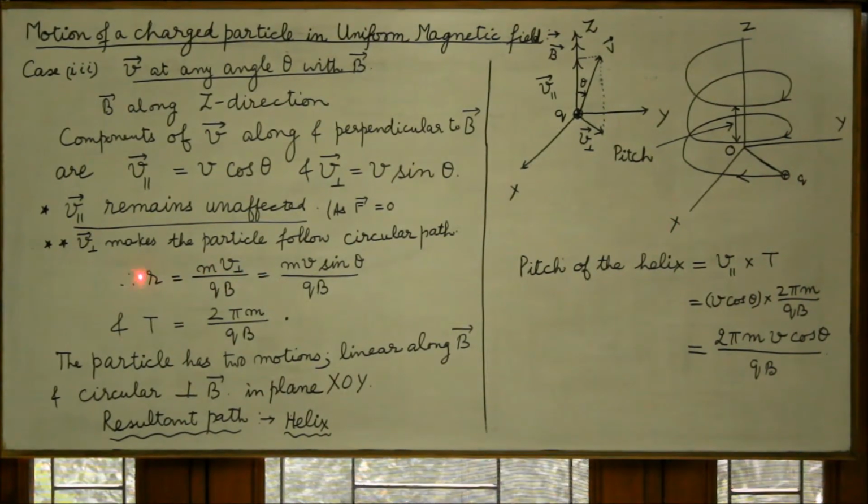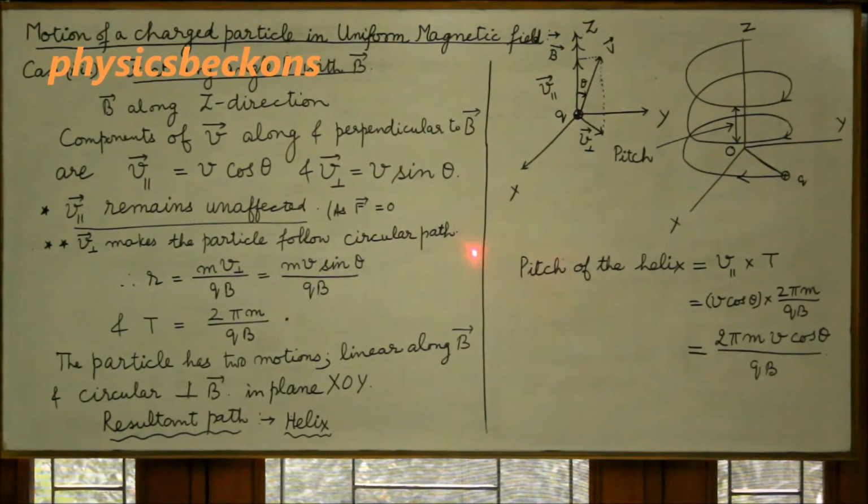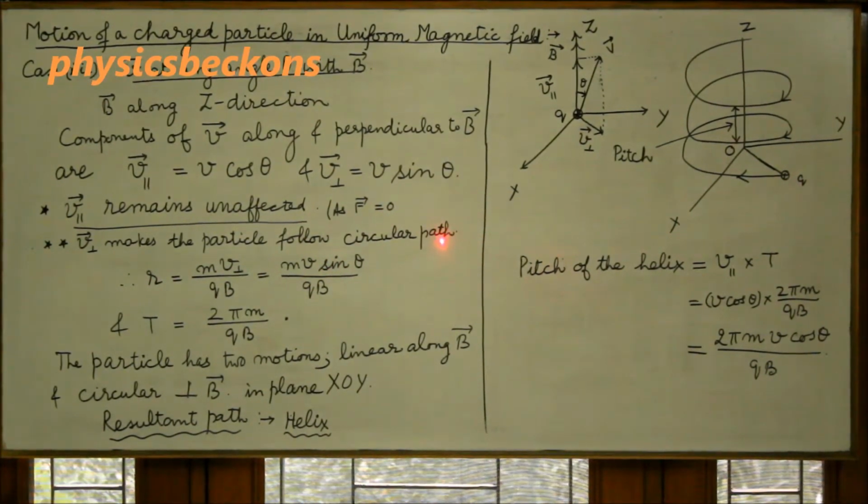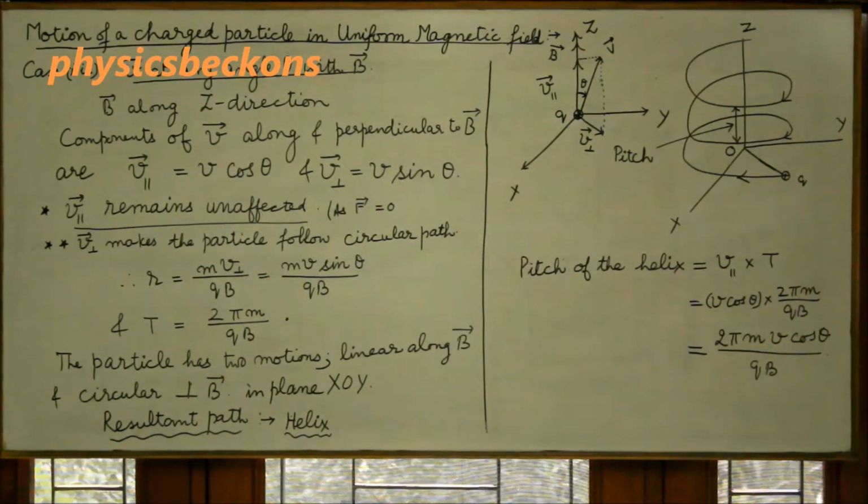And V perpendicular makes the particle follow a circular path as discussed in case 2. Therefore R equal to m V perpendicular over qB, or mv sin theta upon qB. Therefore T is 2 pi r over v, which is 2 pi m over qB as we have solved earlier.